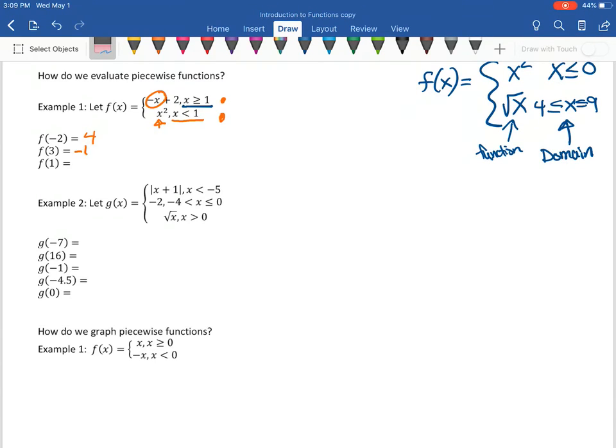Since the second interval is not including 1, then 1 has to lie on the first interval, where it says x is greater than or equal to 1. So I'm going to plug 1 into the first function, where it says -x plus 2. So I have -1 plus 2, so that would be 1. So the key is looking at our intervals so I know which piece of the function to plug it into.